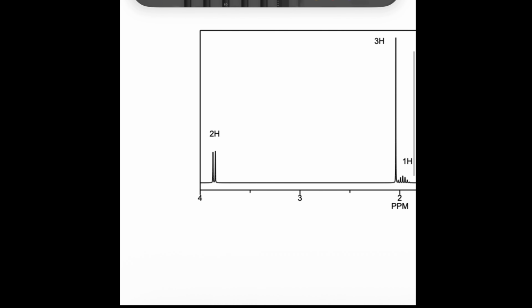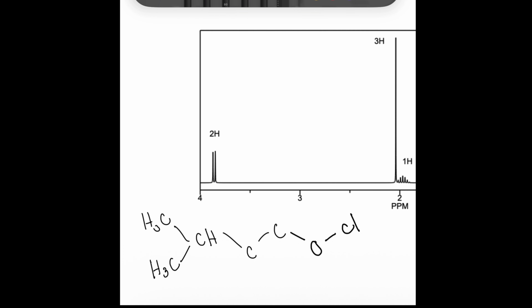I'm going to draw that down right here. So first we have 2 of these, and then this one is double bonded to that.